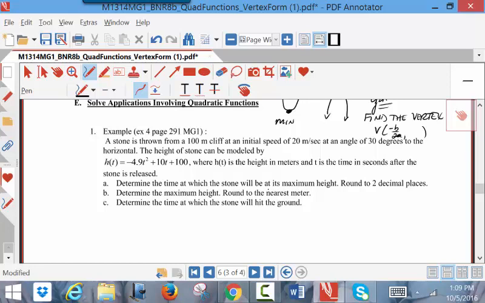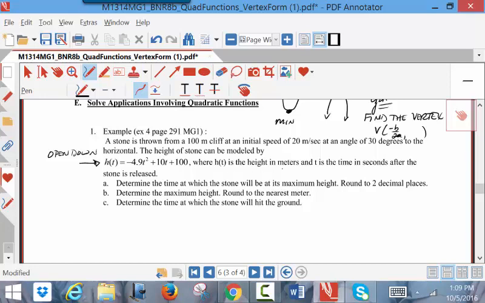They used all that information I just read, the 100 and the 20 and the 30, to create this function. Is this a parabola? Do you see something squared? Yeah. And is it going to open up or down? Down. It's going to be a parabola opening down. So I bet there's going to be something about maximizing something because the vertex will be a maximum.